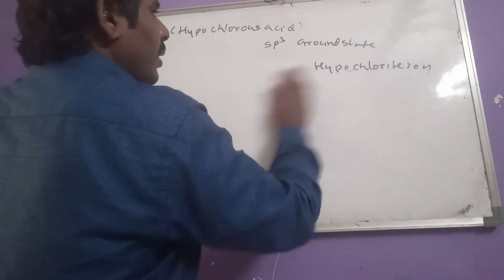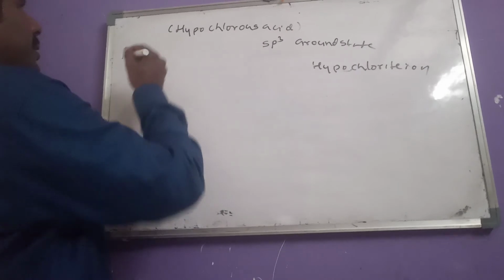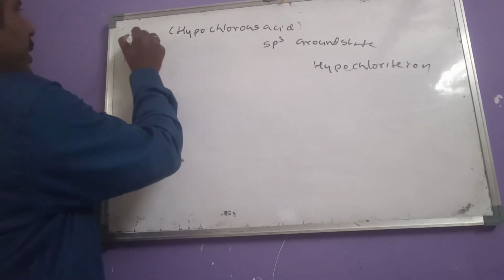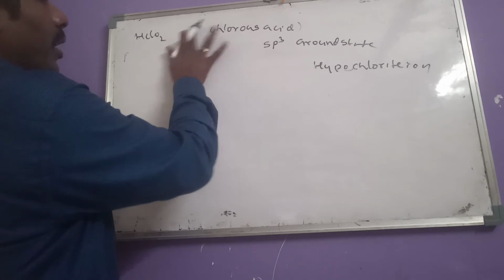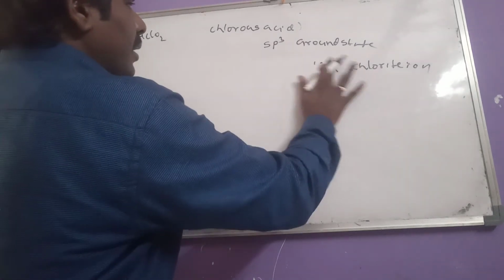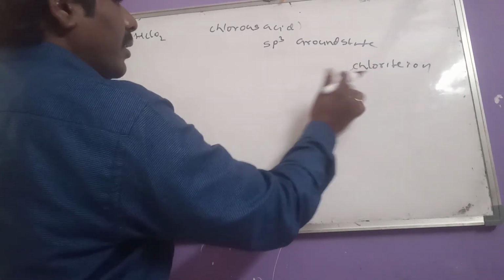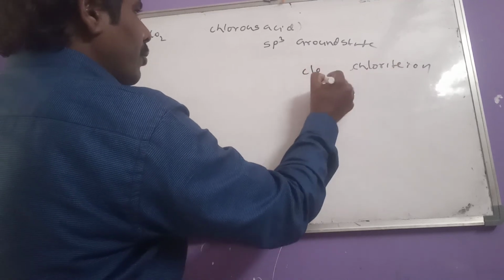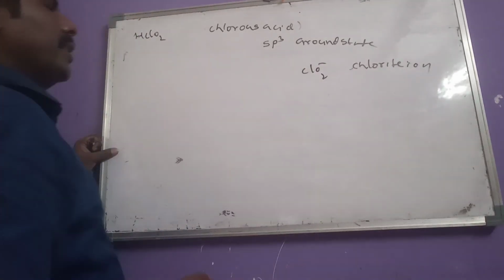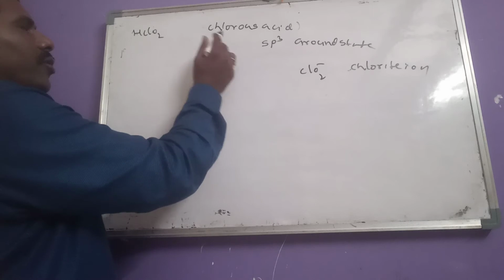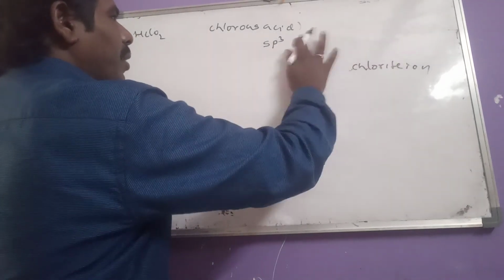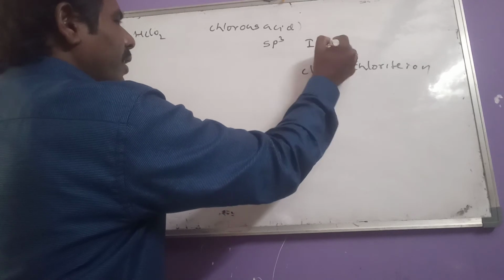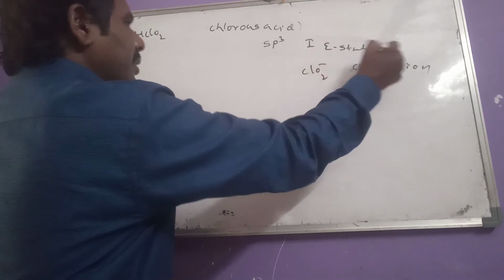Then the second one is HClO2. What is its name here? Chlorous acid. We just have to remove hypo, and the ion is known as ClO2 minus, chlorite ion. But here also chlorine undergoes sp3 hybridization, with a small change in its first excited state.